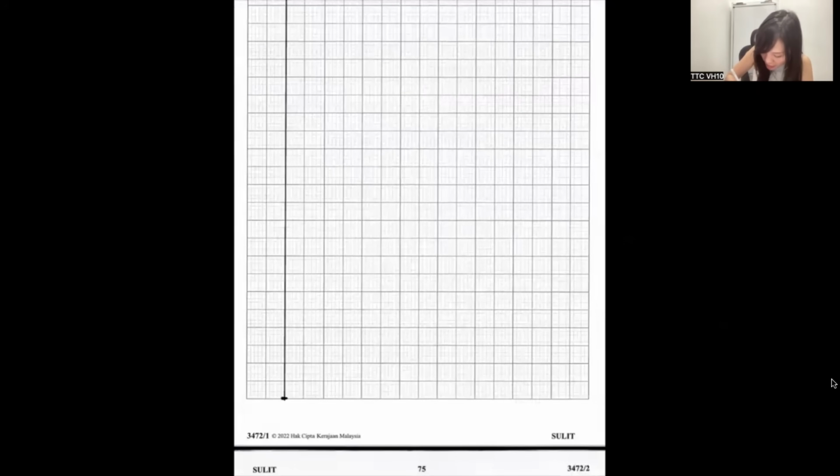So if here is -6, here will be -4, here will be -2, then 0 can be here. Or you want to draw up a bit also can. Wait, let me see. Okay, I can draw here. This is the x-axis. Okay. I label it nicely.